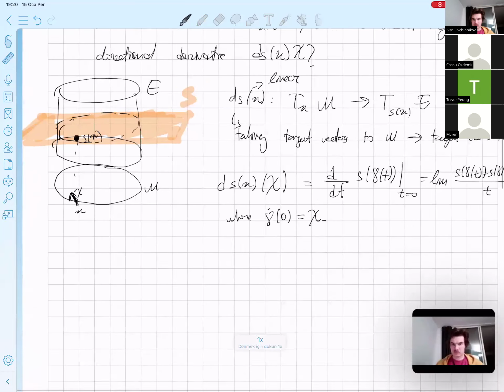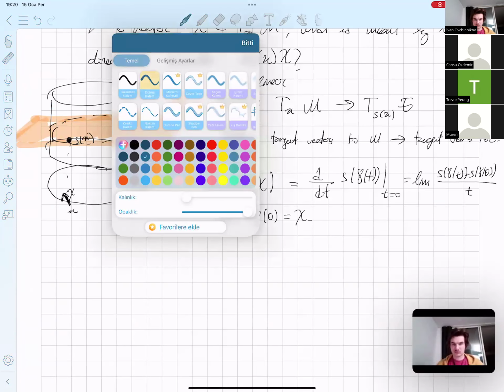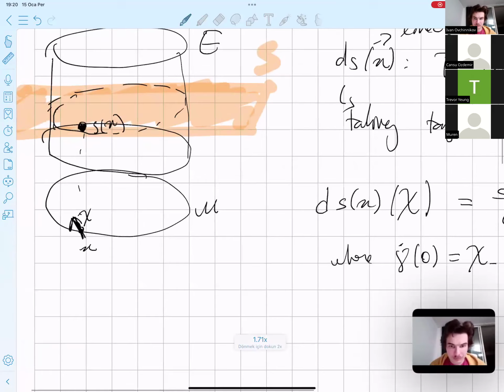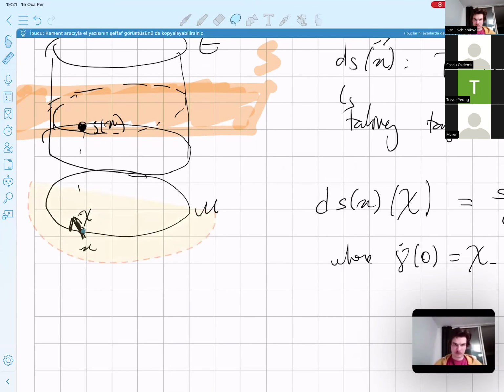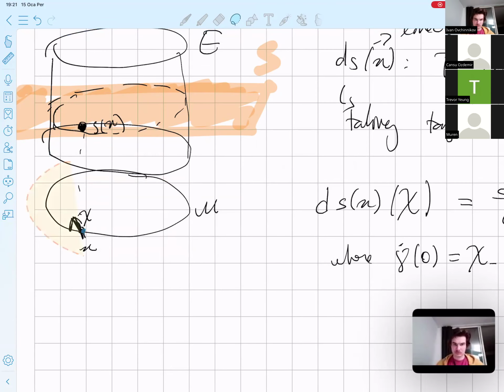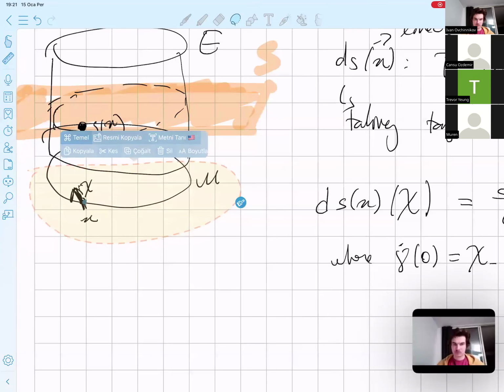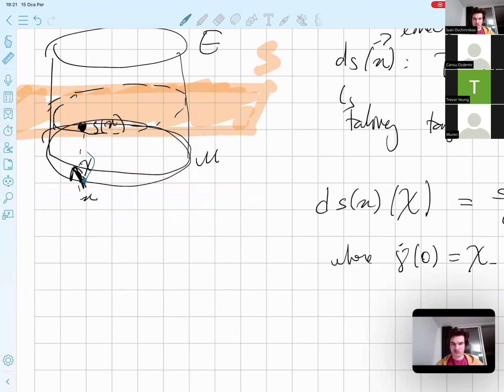So what does this mean? So this means that we have, so assume that these are like looped together, so like these are glued. Let me make it seem like that. Okay, so this is the space and that's E. So what we do is we make a path, and the path is like this, right?